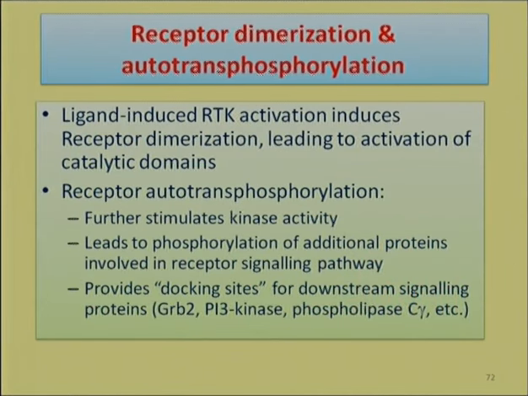Now in this particular thing, receptor dimerization and autotransphosphorylation. This is an important aspect of a particular category of receptor called receptor tyrosine kinase. We already know the function of kinase. The function of the kinase is to phosphorylate its substrate, thereby activating or inactivating it.